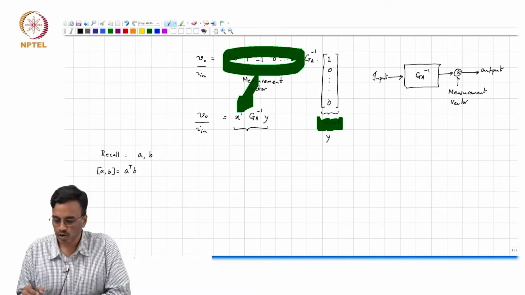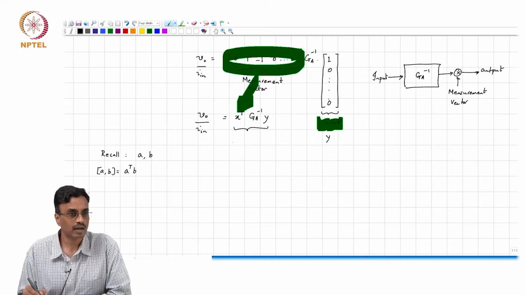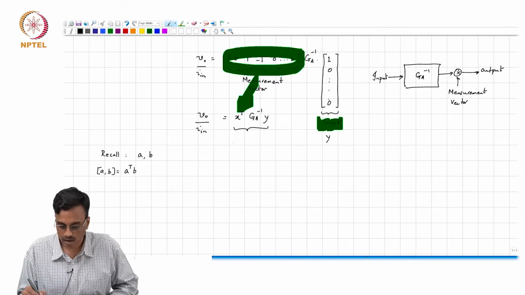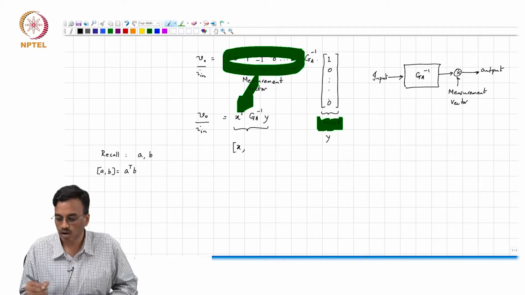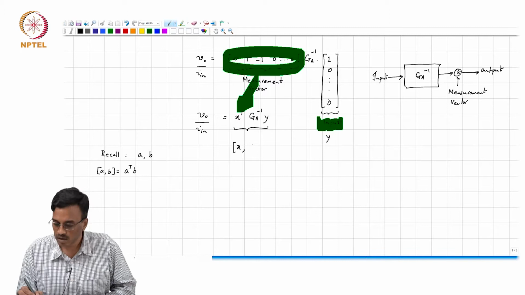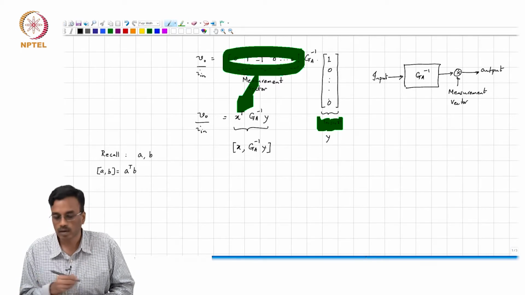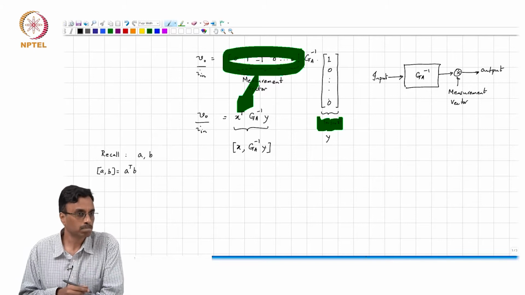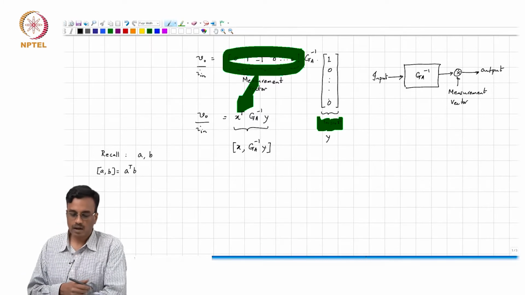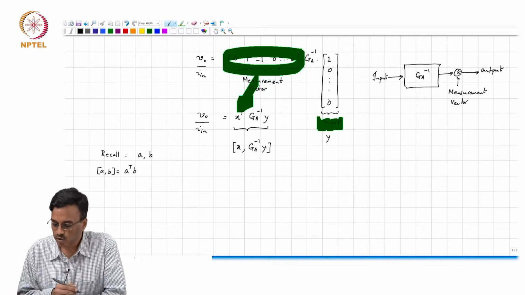So how can you write this? This is nothing but the dot product of X with G_A inverse times Y. Does it make sense, people?